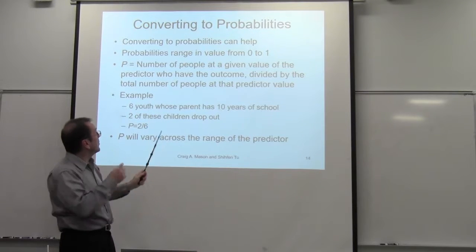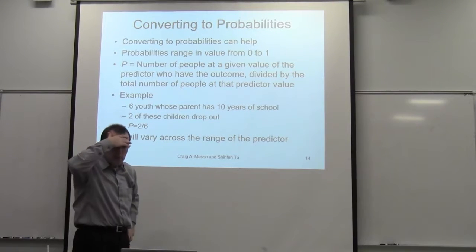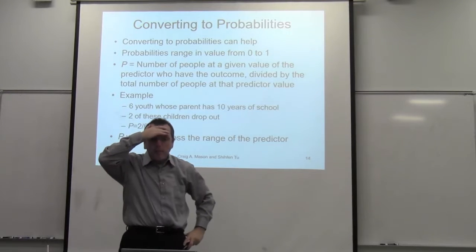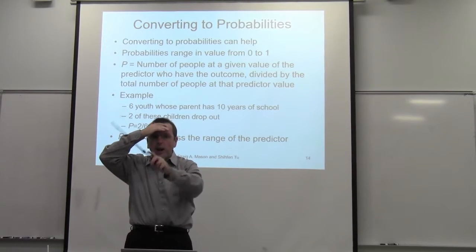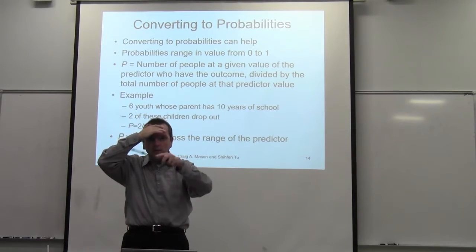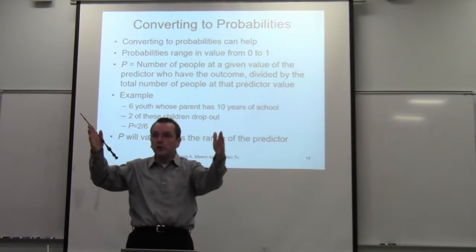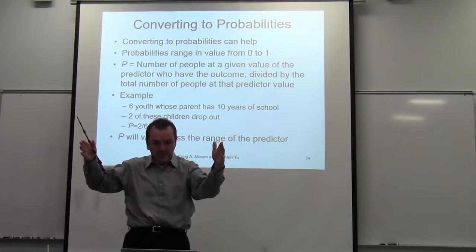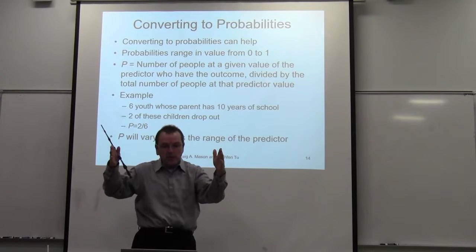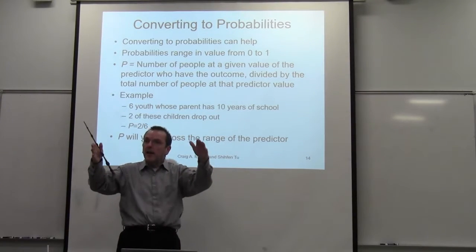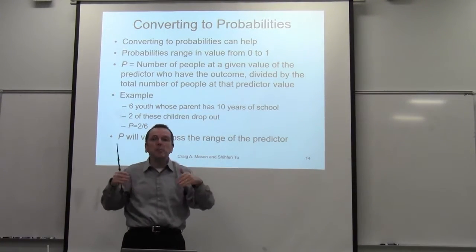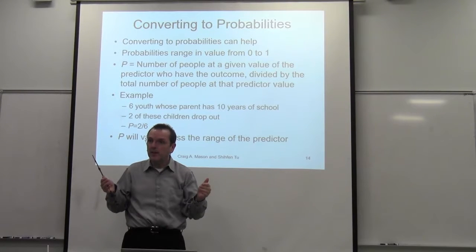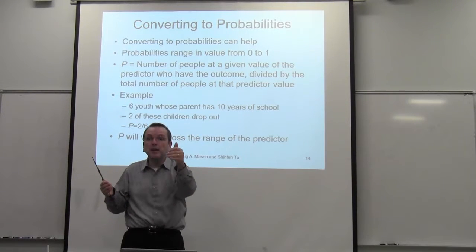And a way of doing that is to think about probabilities. Notice that right now we just have 0 and 1, while probabilities range from 0 to 1. Instead, we can estimate based on the probability that you're going to be a 1.